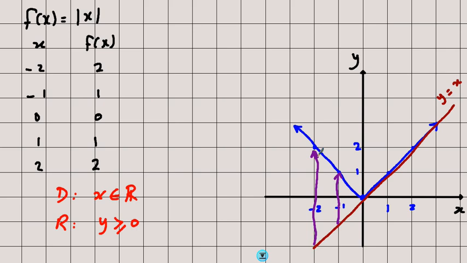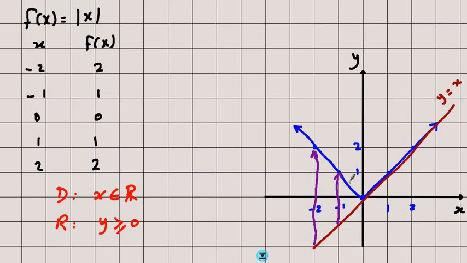So you can also obtain the graph of f of x equals the absolute value of x by simply sketching the line y equals x and reflecting any part of that line that lies below the x-axis, and that part can be reflected in the x-axis.